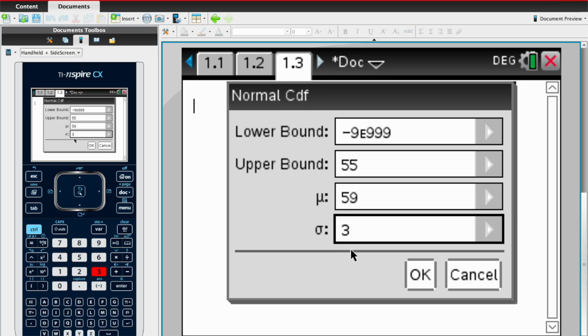Remember, once again, you could, in practice, use 0 here. We just want to make sure that we sweep out all the area from the left all the way up to 55. In practice, you could use 0, and that would make sense in the context of this question, because you can't complete a lap in negative minutes. But all the same, just make sure you choose a number that's small enough to capture everything to the left of 55, this upper bound.